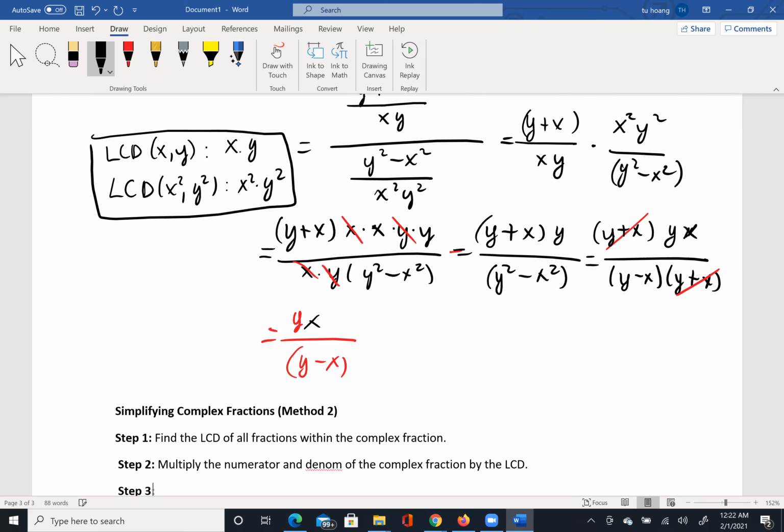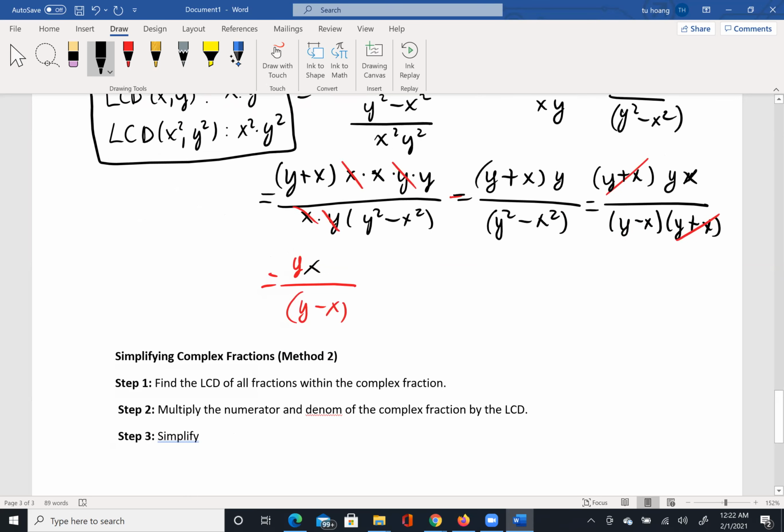Step 3. Okay, so simplify. All right. So let's do an example.